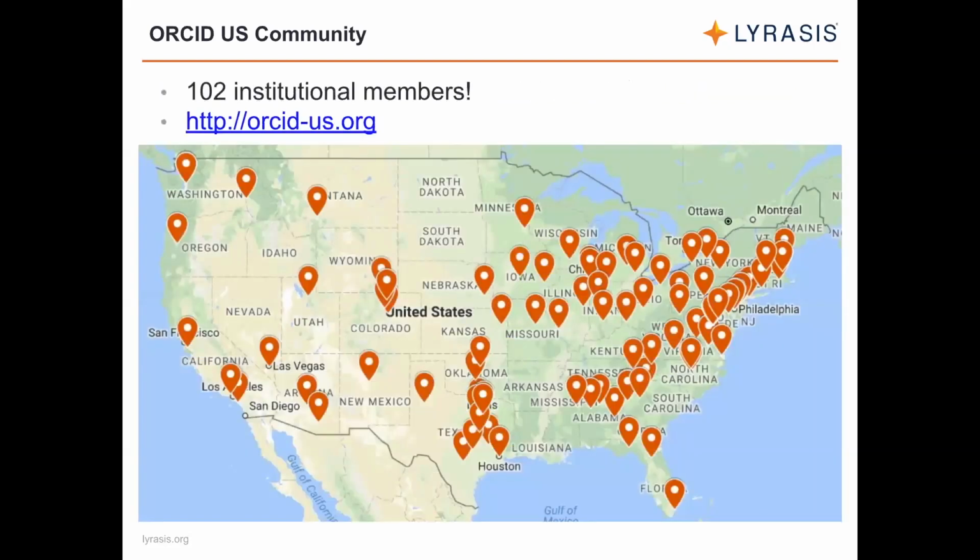This map shows the geographic distribution of our existing members, and as of September 1st, we have 102 members. As you can see, we have quite a bit more participation on the East Coast, with plenty of room for growth on the West Coast and across the board. The majority of members are in the beginning stages of planning and development for ORCID adoption.